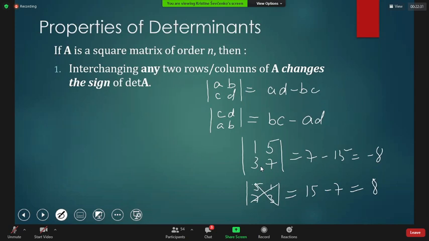What this property means is, if it serves our purposes, whatever those purposes are, we may interchange 2 rows of a determinant or 2 columns, but at that we need to put an extra minus sign in front.